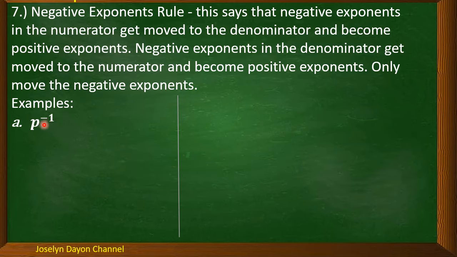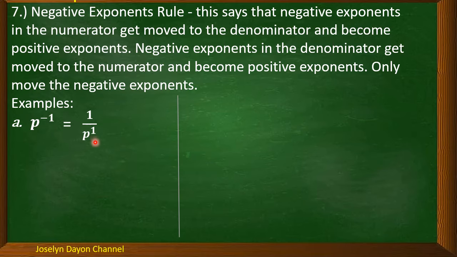What shall we do with that? In order that we can move this, we have to write 1 as our numerator, and then we have to copy this p, but this time the negative sign is already removed. We have already 1 over p to the power of 1.